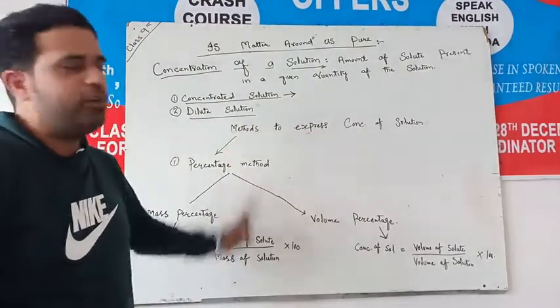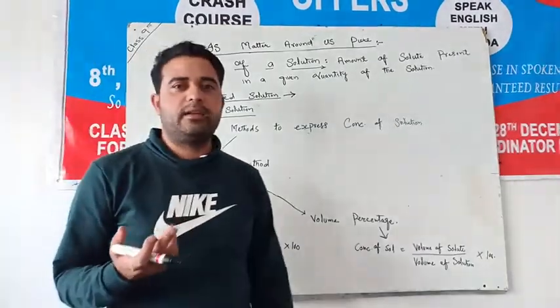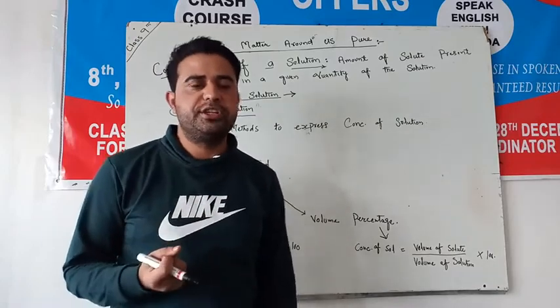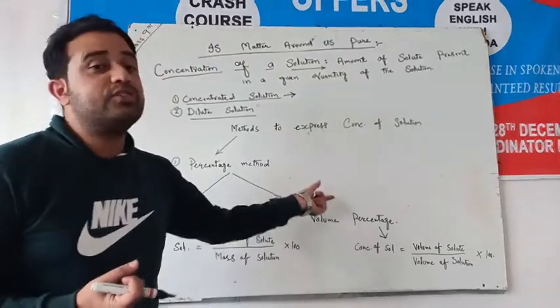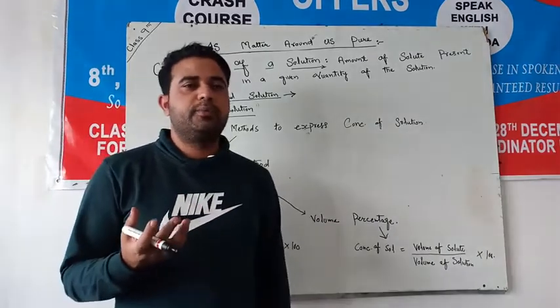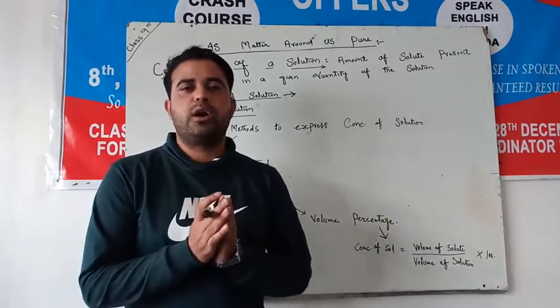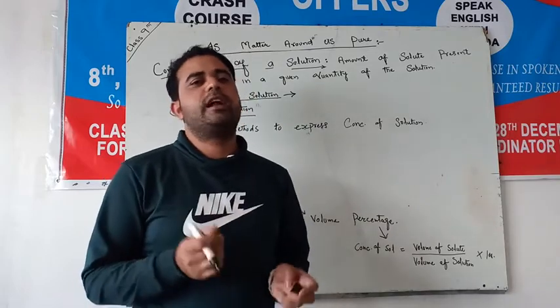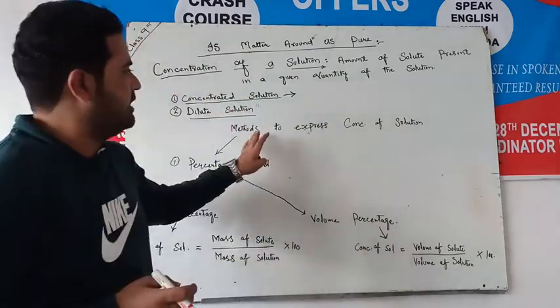Now, if we have to determine the concentration, the amount or percentage of solute in a solvent, how can we express it? How can we determine the percentage or amount of solute present in a solvent or a solution? There are various methods. Here we will discuss some of them.